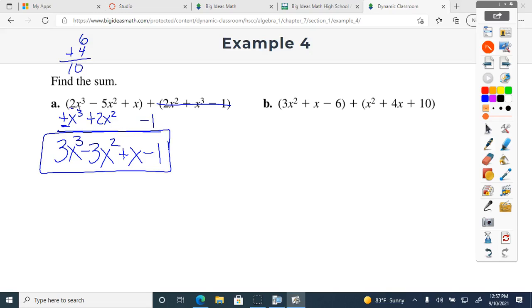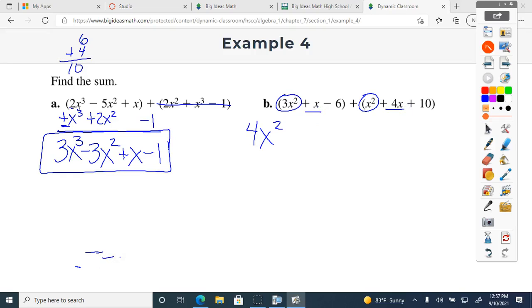Now, do you have to do it like this? No. Some people like doing it like this, though, to keep them together, okay? You can just add them normal, like here. Here's a 3x squared plus another x squared. So how many x squareds do I have? 4. I have 4 x squareds, okay? There's an x plus a 4x.